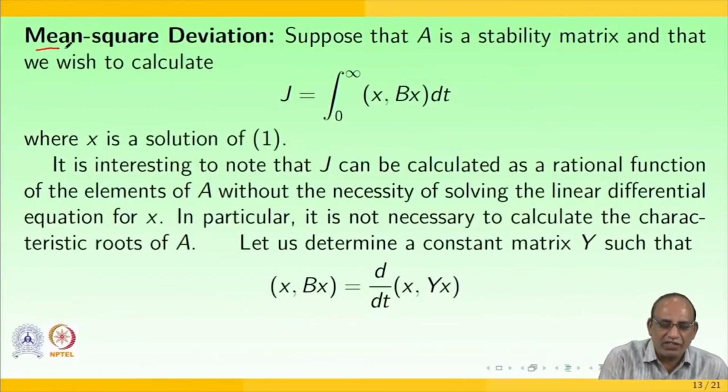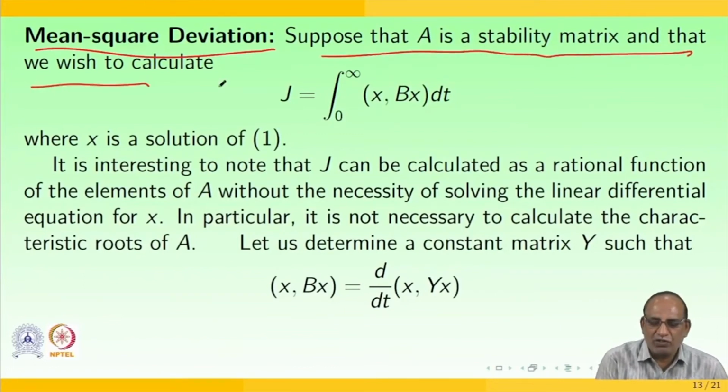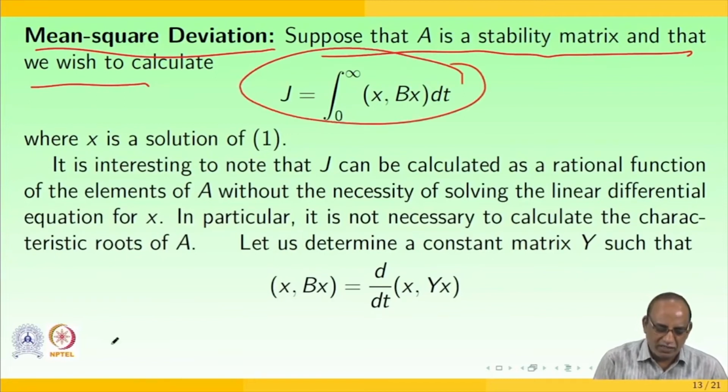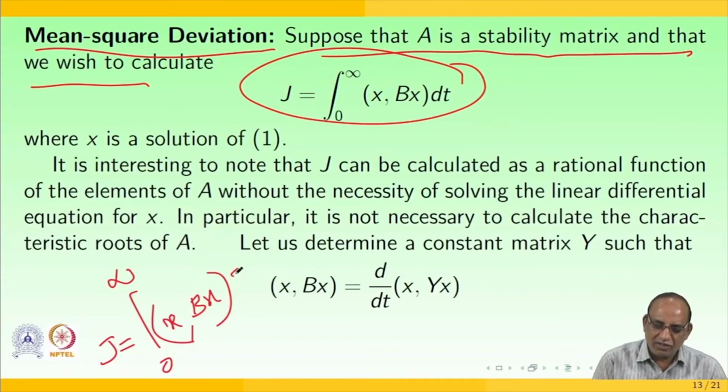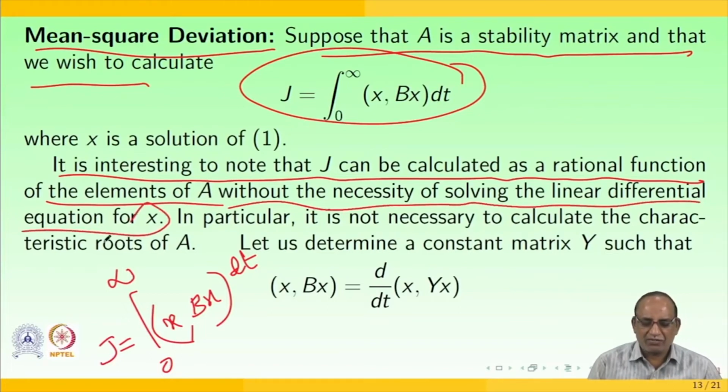Consider the mean square deviation. Suppose that A is a stability matrix and we wish to calculate J, that is, J = integral from 0 to infinity of (x, Bx) dt. It is interesting to note that J can be calculated as a rational function of the elements of A without the necessity of solving the linear differential equations for x.